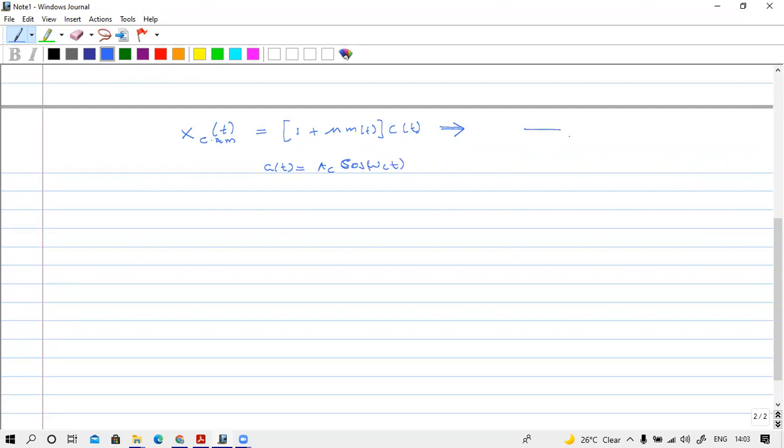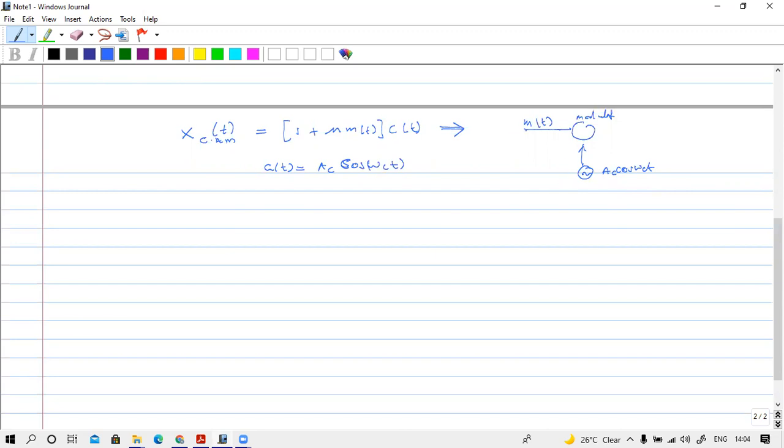If we write the block diagram, it is just like this. We have a message signal and we have the modulator. Then here we have the carrier signal, which should be generated using an oscillator, a crystal oscillator or something.